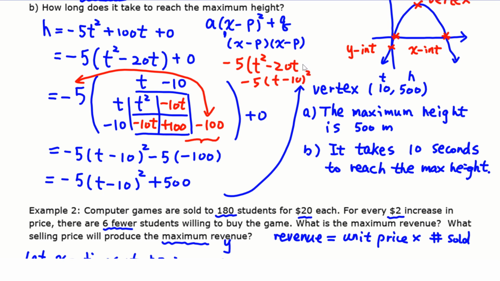Then remember you need to add 100 in order to get that minus 10 squared. Then also minus 100, then plus 0. Then you are going to times the last term in the bracket out, and you have plus 500. So this is a traditional method.